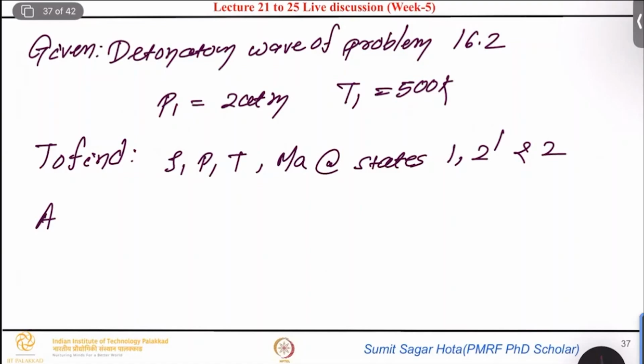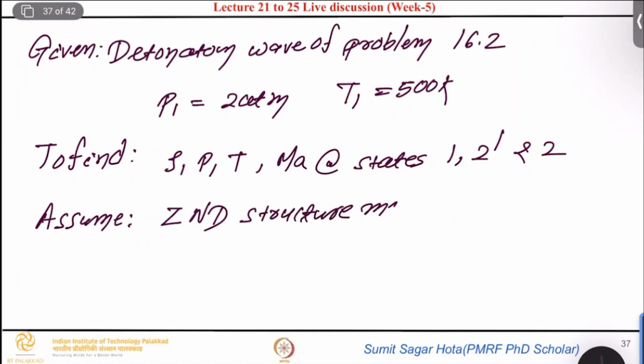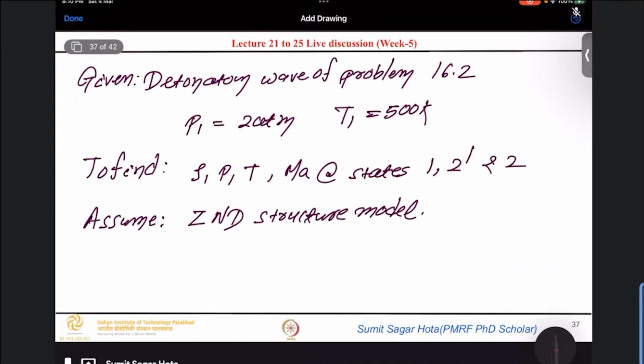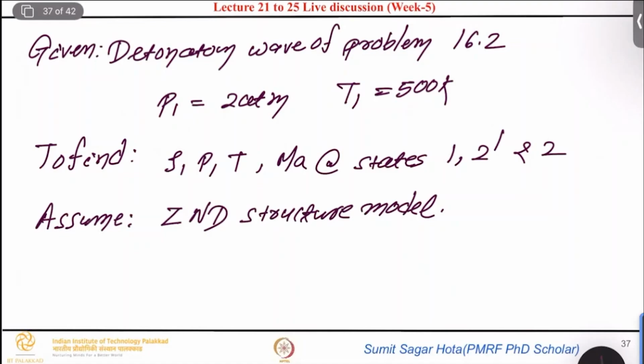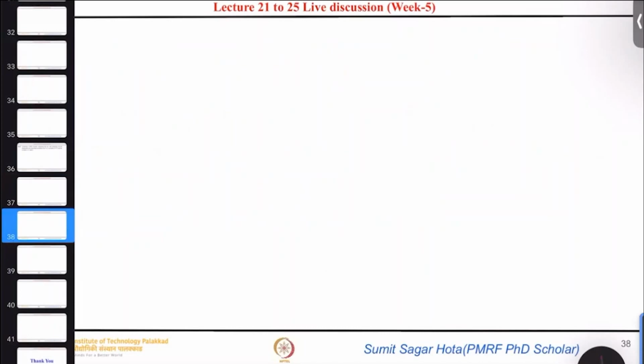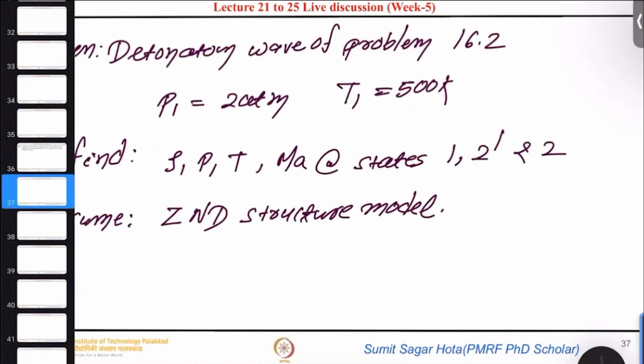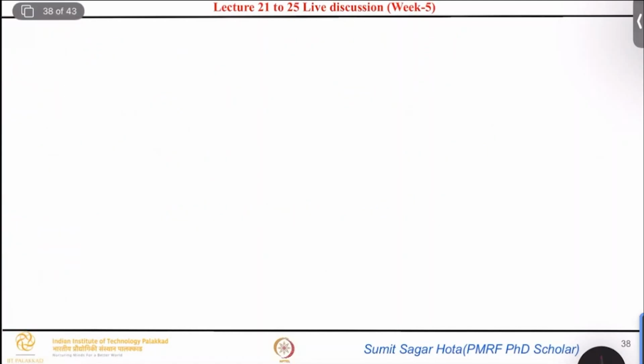Assumption: assume the Z and D structure model. Let's start the solution.